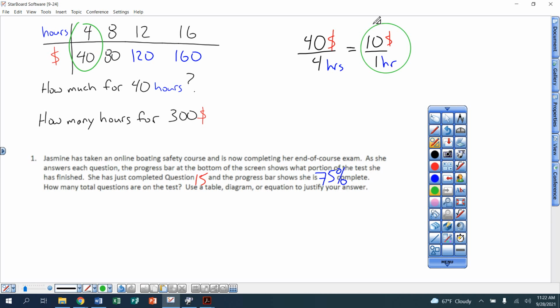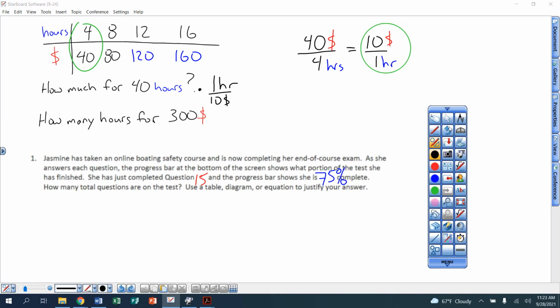So if I'm looking at the first question asking for how much after 40 hours, I need to make sure that I times that 40 hours by a number that has the hour unit on the bottom. I don't want to put 1 hour for every $10. That's not going to work because my hours units won't cancel.